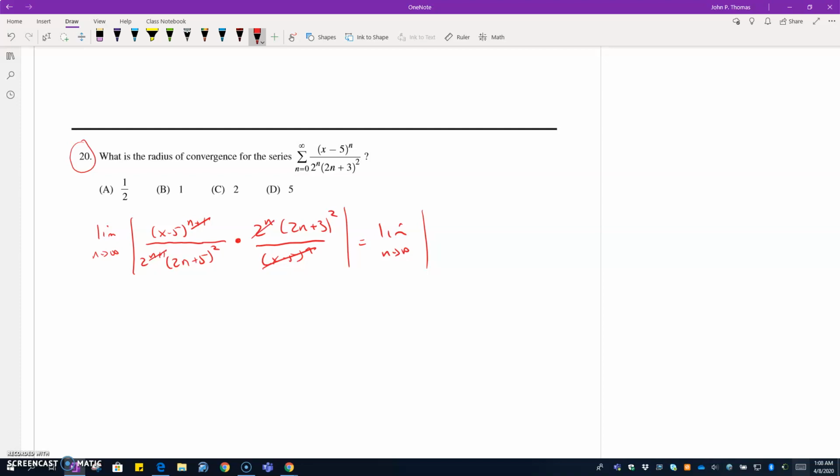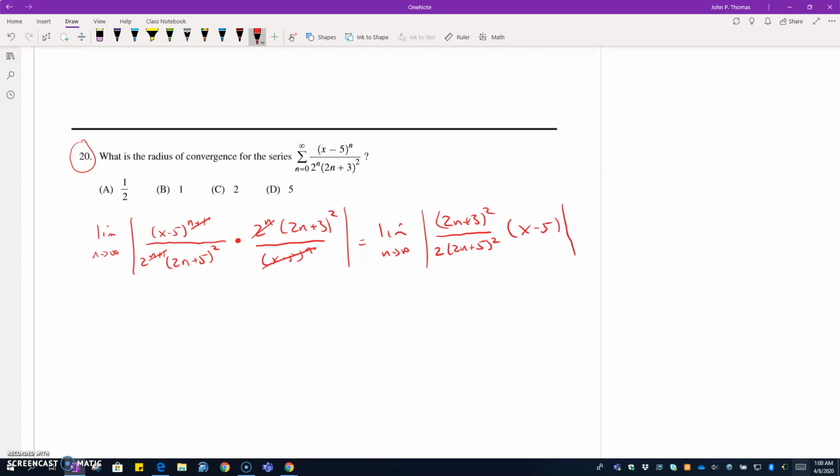The other two pieces don't really clean up much. So I've got (2n plus 3) to the second over 2 times (2n plus 5) to the second, times an x minus 5.